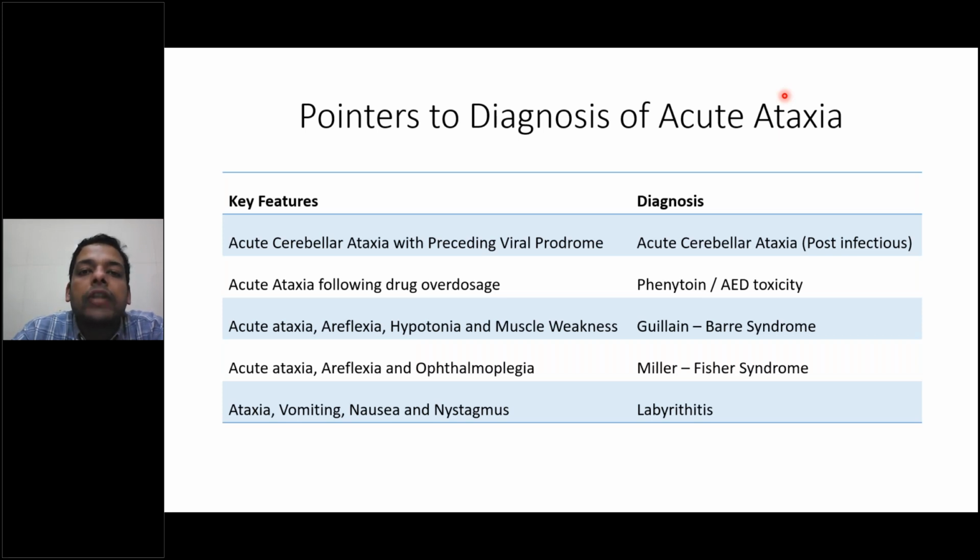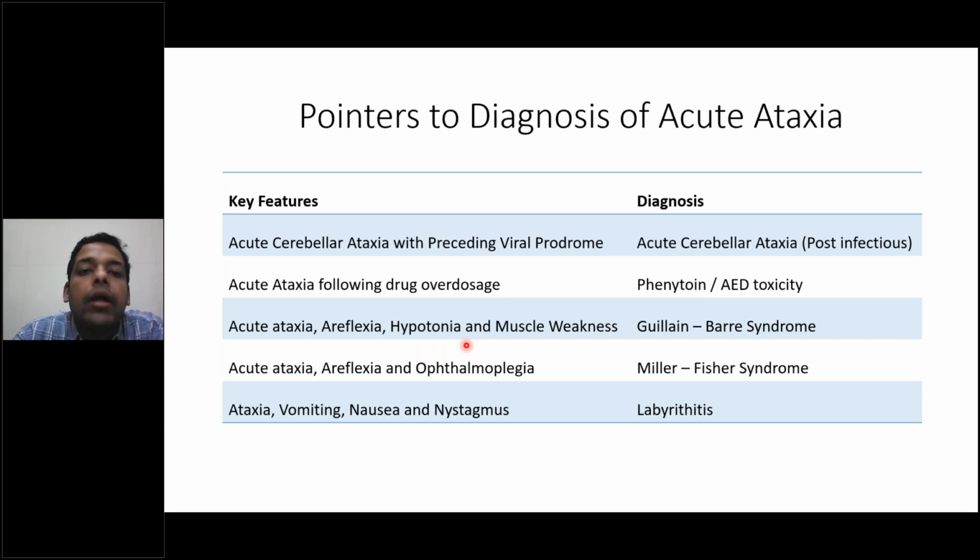Acute ataxia associated with areflexia, hypotonia, and muscle weakness is something that is seen in Guillain-Barré syndrome. Acute ataxia along with areflexia and ophthalmoplegia is seen in what we call Miller-Fisher syndrome.